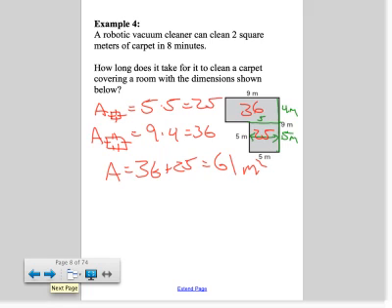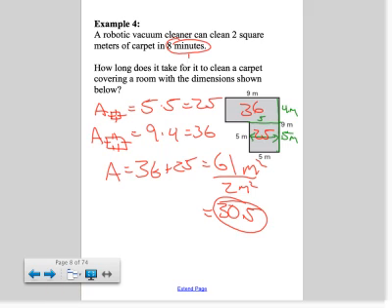And the vacuum cleaner can clean 2 square meters in 8 minutes. Okay, and so there's a couple different ways of doing this. What you can do is you can say, okay, if it cleans 2 square meters in 8 minutes, that means how many of those little bits of time do I have? So in other words, divide this guy by 2 square meters, and what you end up with is 30.5 units of time. And that there's 30.5 units of time, and each unit of time we know has to be 8 minutes.